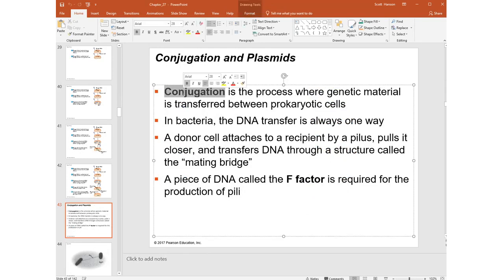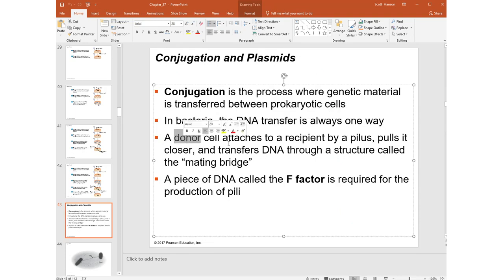And then conjugation is another way of producing genetic recombination among prokaryotes, a process where genetic material is transferred from one prokaryotic cell to another. In bacteria, the DNA transfer is always one way, from one cell to another.